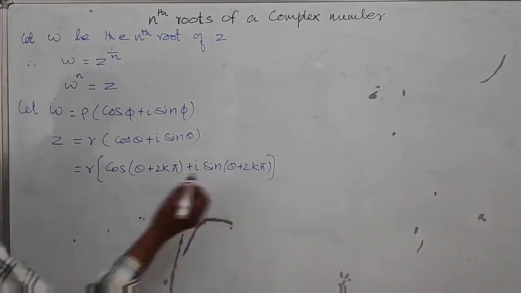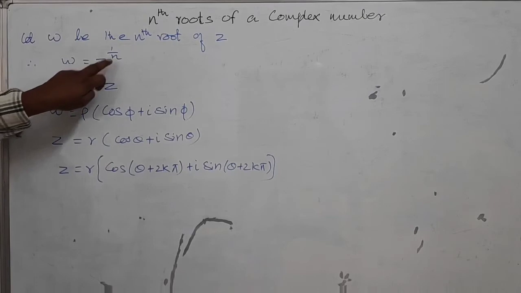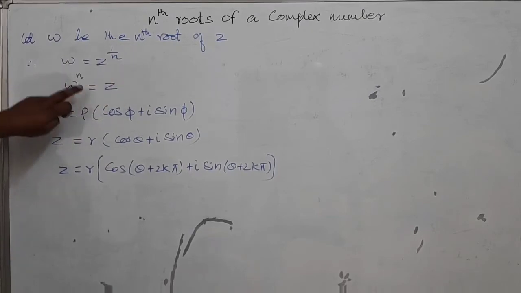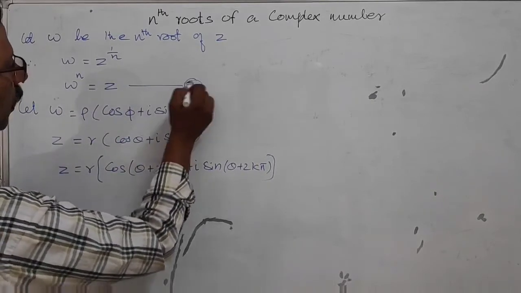This is the z value. Now we know very well omega is equal to z power 1 by n, or you can say omega power n is equal to z. Take this as equation number 1.